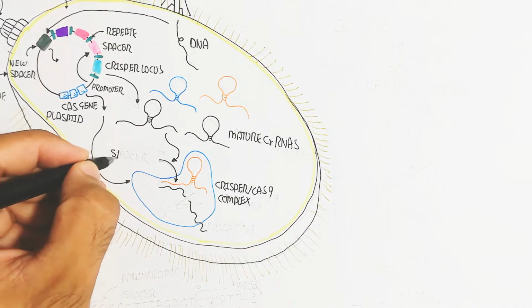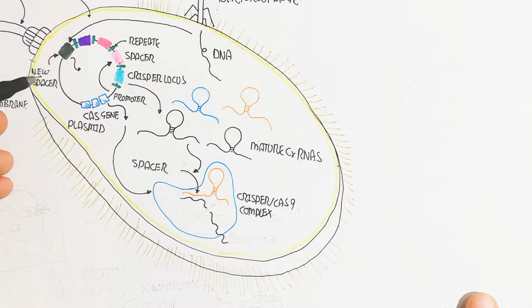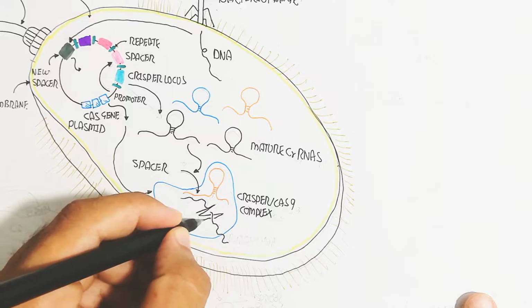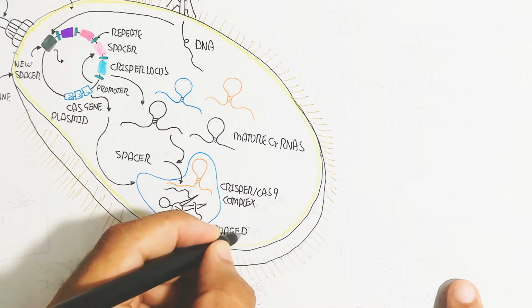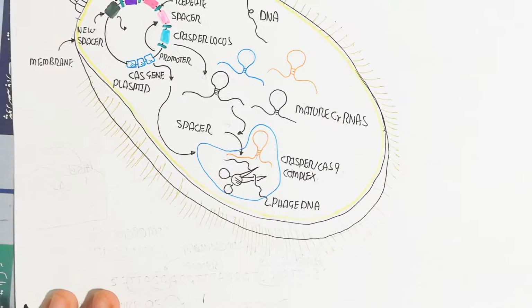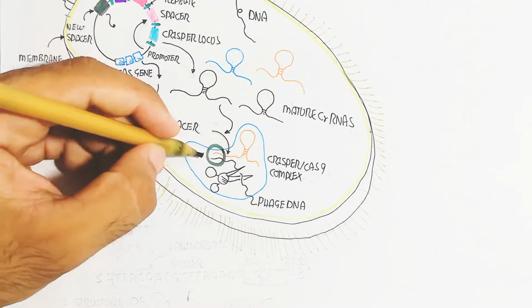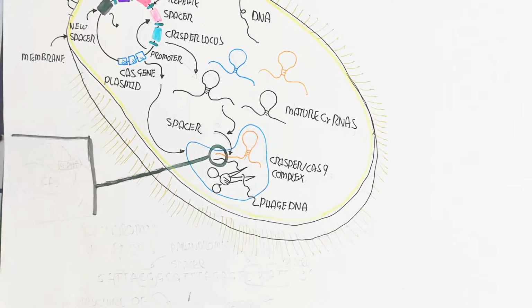After this binding, the phage DNA will bind, and in this way the endonuclease restriction enzyme will cut this DNA. The harmful phage DNA is cut by the CRISPR-Cas9 complex through this mechanism.